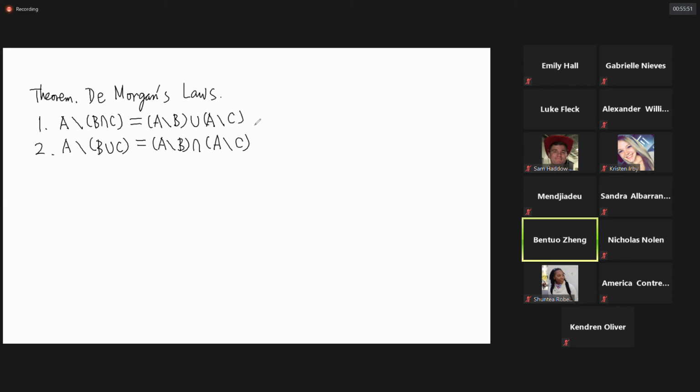Sometimes this De Morgan's law is written in a different way. For example, remark: if we take A to be the universal set, then what is the meaning of A taken away B intersect C?